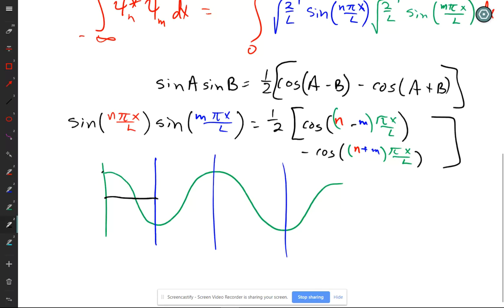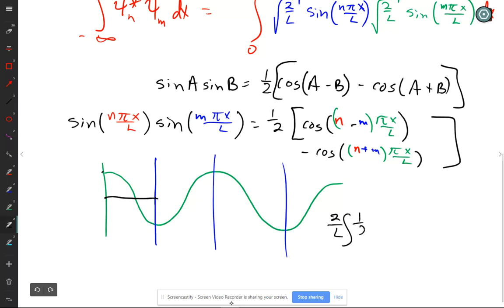So I made my argument here logically instead of actually doing the math. I could have done the math, integral of cosine is sine, and then you put in your limits, and you're going to find it 0. But to me, it's more fulfilling to actually think about what it means and look at the graph. So the integral, notice square root 2 over L times square root 2 over L is going to give me 2 over L out front.